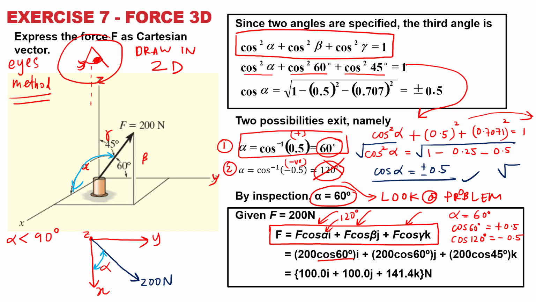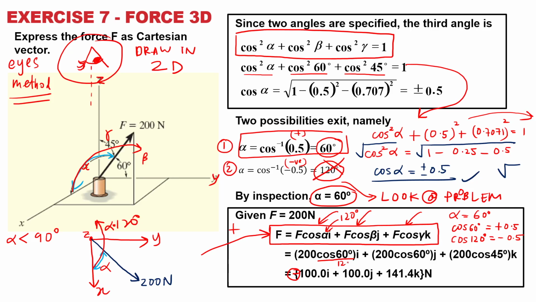So you are going to be on the other side already. Meaning, this one, you're going to be over here. Let's say your alpha is 120. So this value will automatically be negative. So you just have to stick to everything is positive.